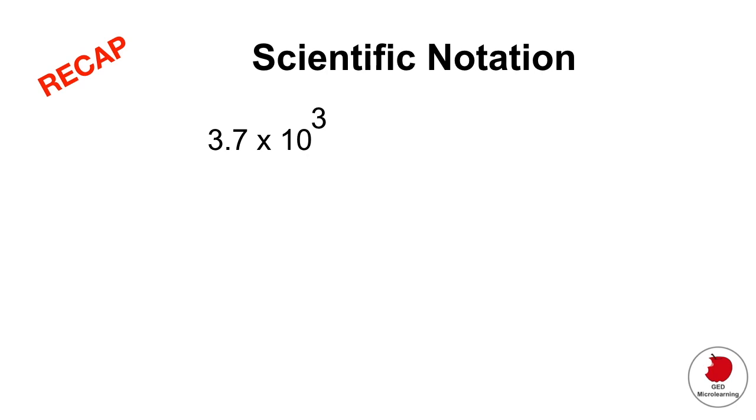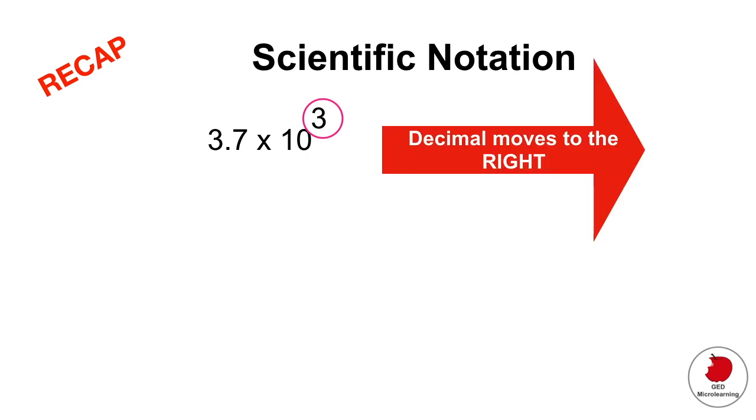All right, so when you're dealing with questions that involve scientific notation, the first thing that you have to do is look at the exponent. The reason is that sometimes the exponent is going to be a positive number, sometimes a negative number, and that's the clue. If it's a positive number, it's telling you that you have to move the decimal point to the right.